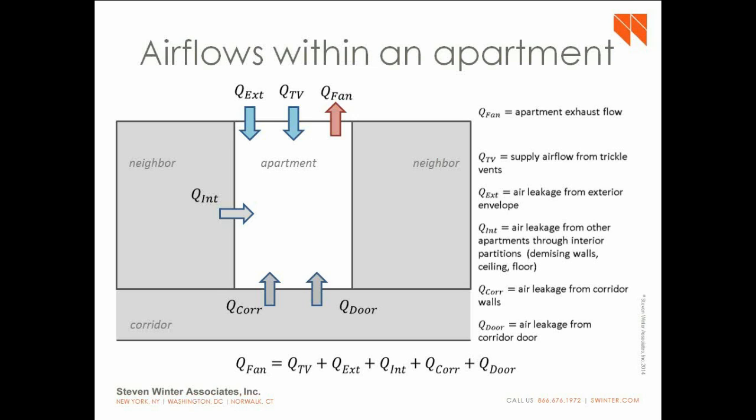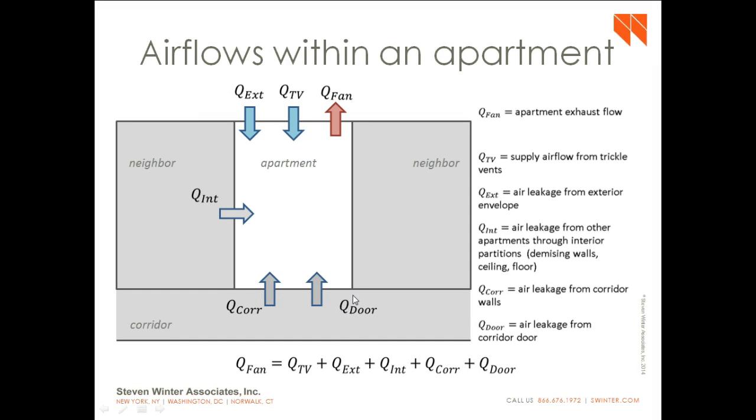What we're trying to do is quantify these airflows. The easiest one to quantify is the exhaust fan. We can measure that, and we know that all the air that leaves the apartment through the exhaust fan has to be made up from somewhere. Some sources of makeup air, like trickle vents and the exterior envelope, we'd probably call good sources of makeup air, but some of the other sources would be less desirable.